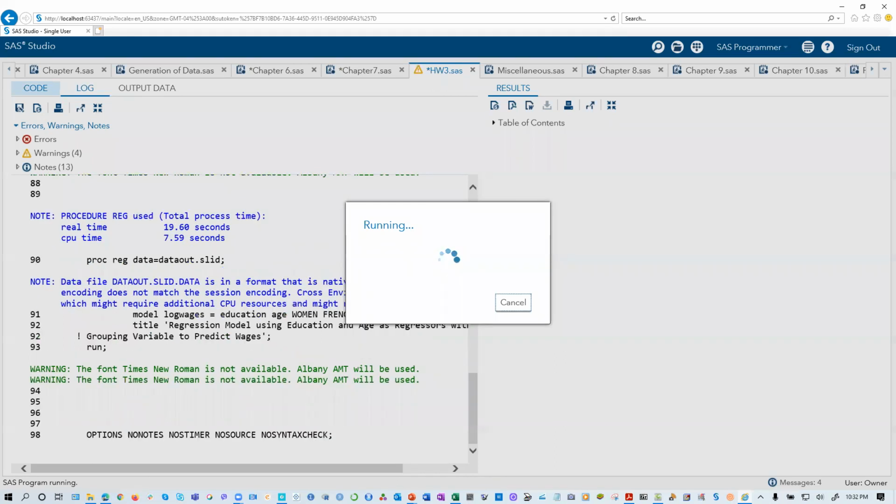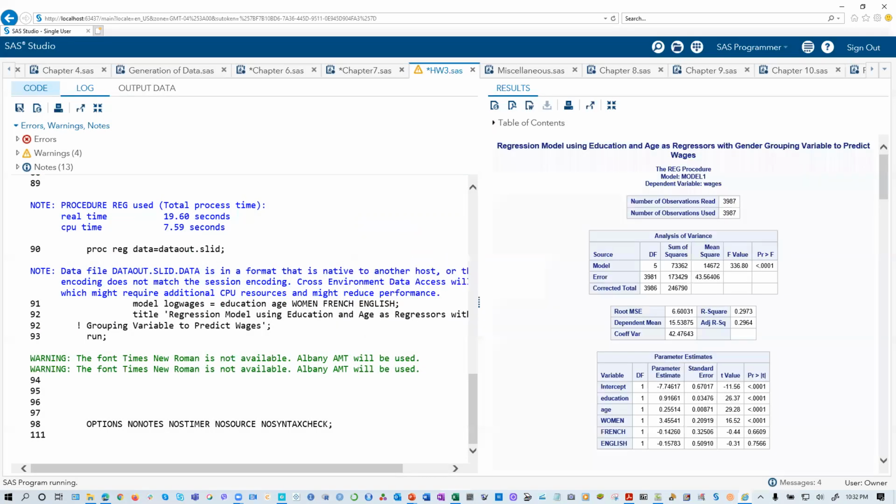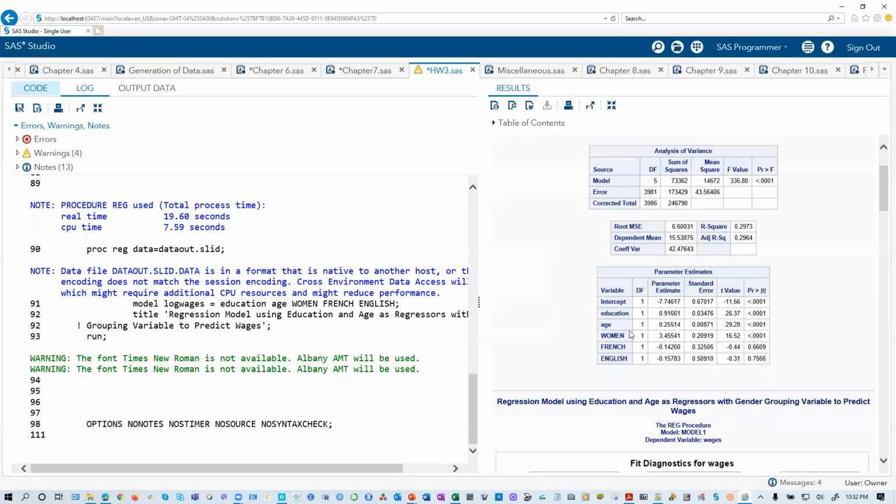They're not going to even ask about any interaction. Men would be the base and French, English separate. You can do that one.